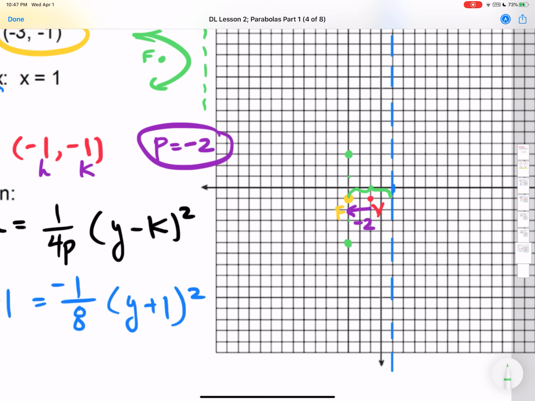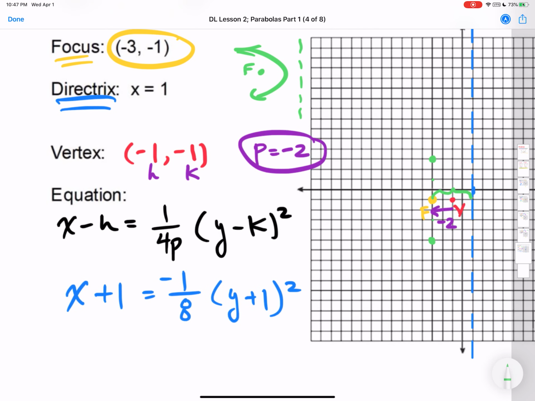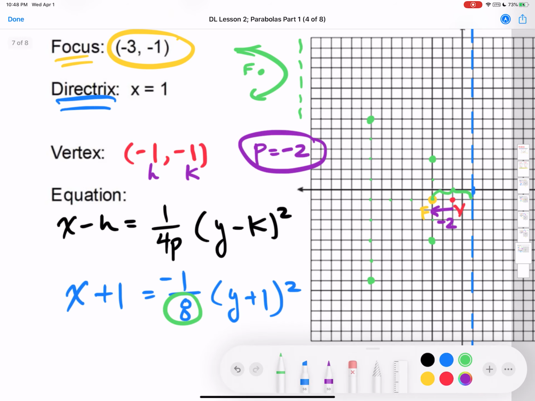And again, we could take a look at that denominator that we had here, that 8, and we're going to go from the vertex 8 units up, 2, 4, 6, 8, and 8 units down, 2, 4, 6, 8, and then we'll draw the rest of our graph.